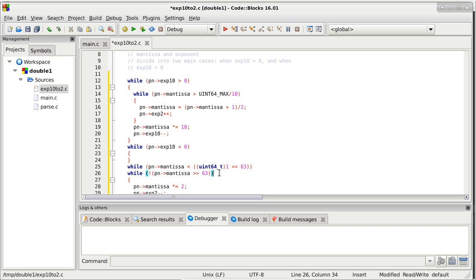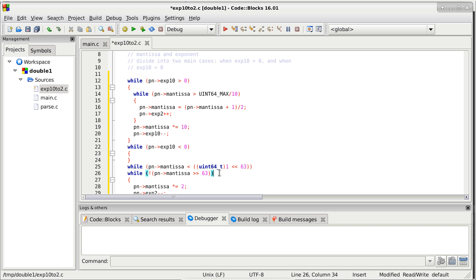Okay, so when you look at the inside part of this expression, what is that saying? Pn points to mantissa right shift 63 bits. That means we are moving all the bits to the right-hand side 63 times. What happens to bit 63? It becomes bit 0. What happens to all of the other bits? They're gone.